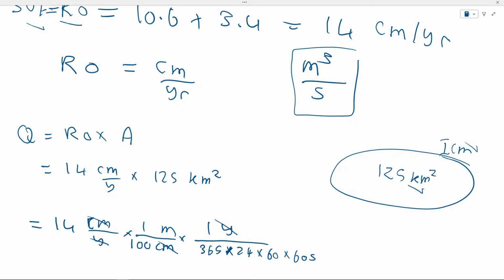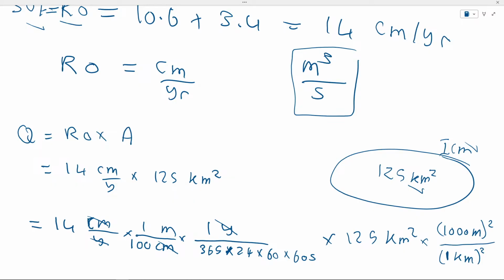But I have another one to do, the 125 kilometer square. So how do I do this? I know that one kilometer, squared, is equal to 1,000 meter, squared.